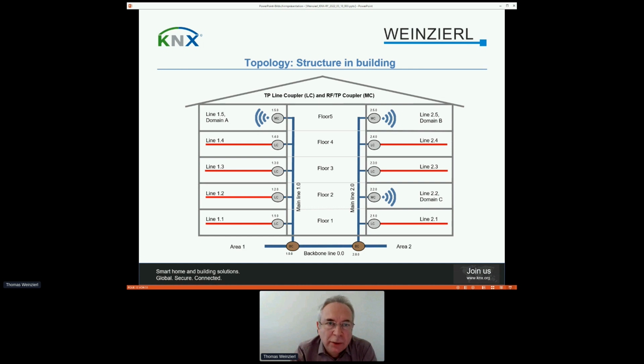We can integrate devices from as many different manufacturers as you like, and nevertheless, the complete installation is just one project. We have one addressing scheme, one address area for all these devices, and it can all be integrated in one ETS project with one closed database.